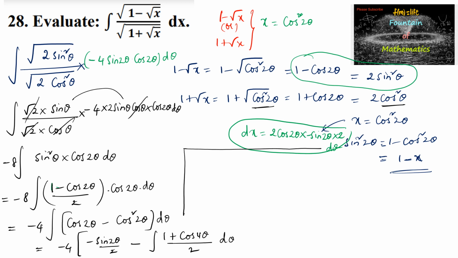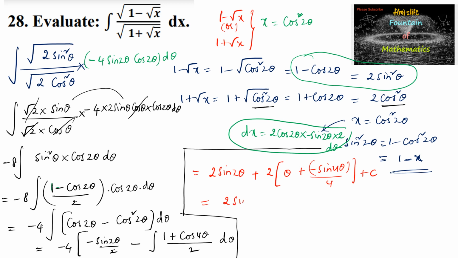So we can write here, first one, minus of minus plus 2 times sine 2 theta, minus, and minus of minus plus here again, integration of 2 times 1 times d theta is theta, and again plus integration of cos 4 theta is sine 4 theta divided by 4, plus the integral constant c.